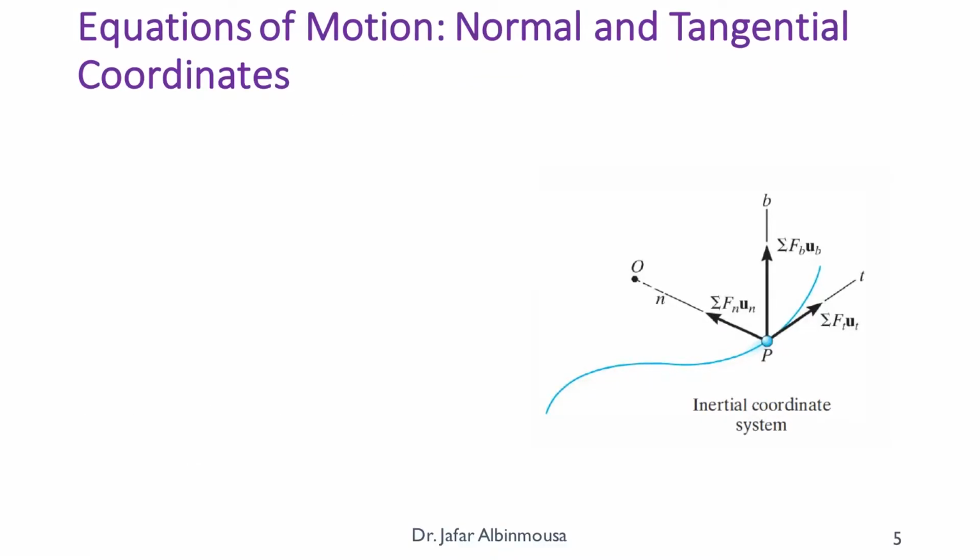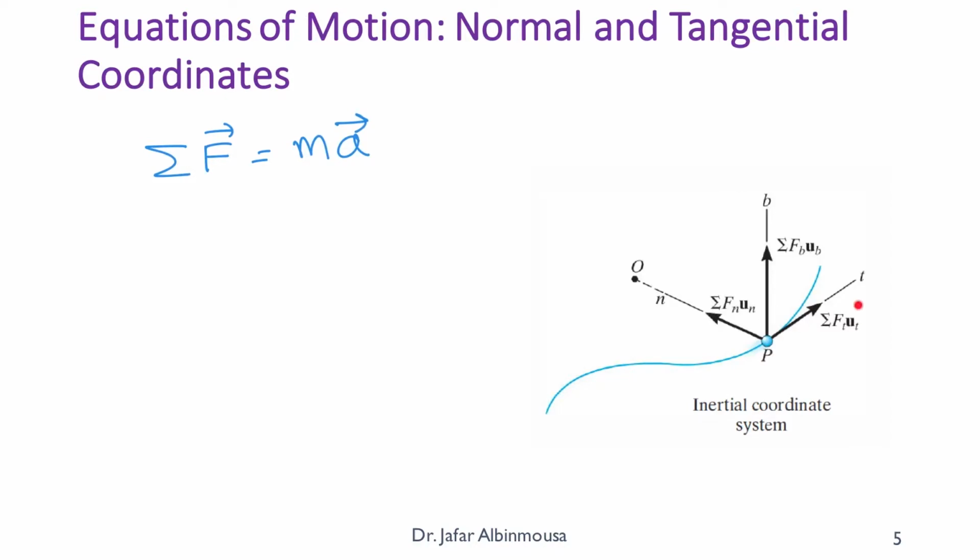Now, having said that, if we want to write down Newton's second law, then we will have the summation of all forces equal to the mass, which is a scalar, multiplied by the acceleration vector.